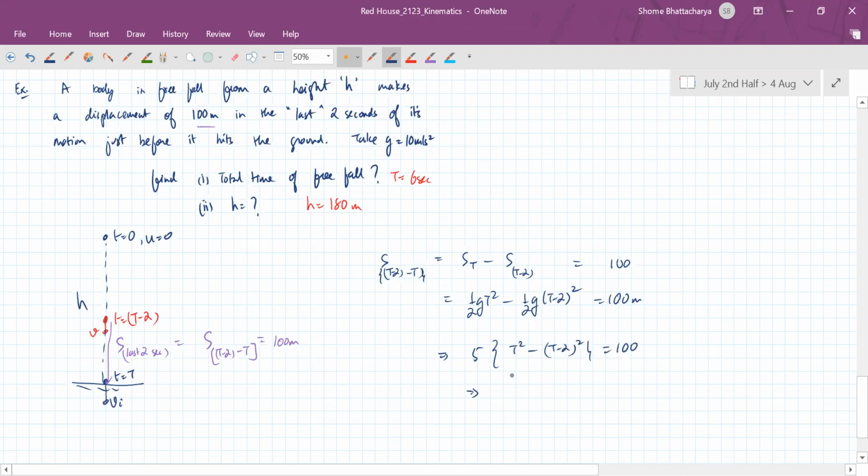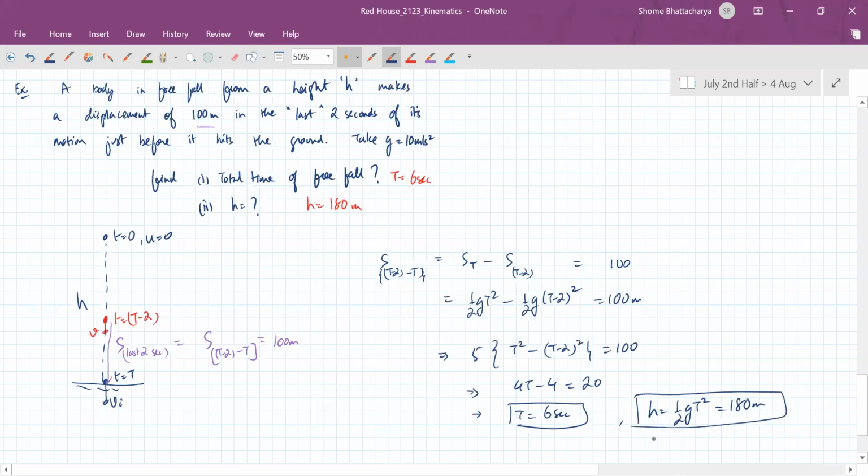So when you open this bracket, T square cancels out, okay, and you get 4T minus 4 is equal to 20. So T becomes 6 seconds and h becomes 180 meters.